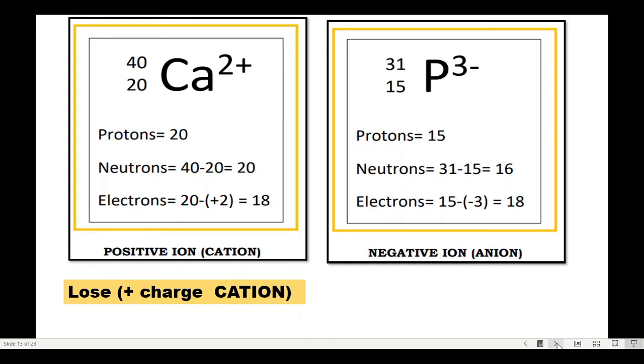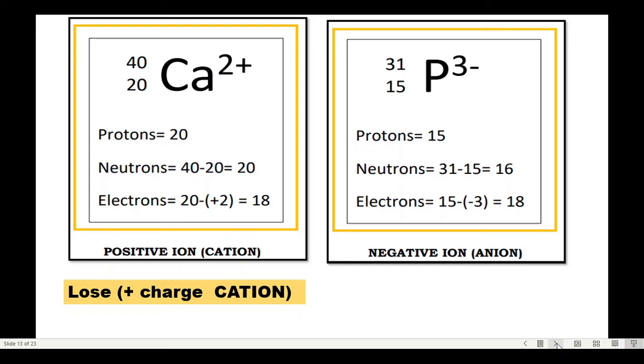Next. Yung neutron naman niya. Pag kinuha natin yung neutron, ima-minus natin si atomic mass or mass number, 40 yun, minus kay atomic number. So, mass number or atomic mass minus atomic number, 40 minus 20 is 20. So, 20 yung neutron. The electrons naman, 20 minus positive 2.